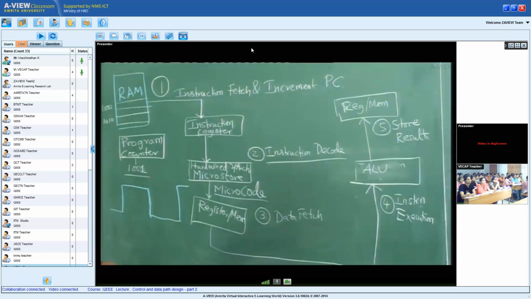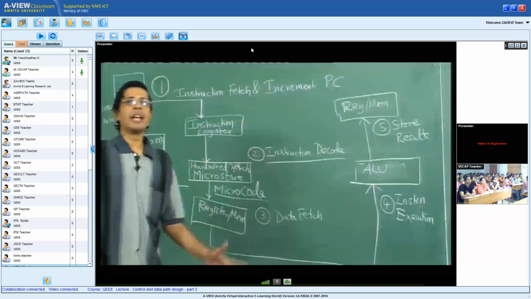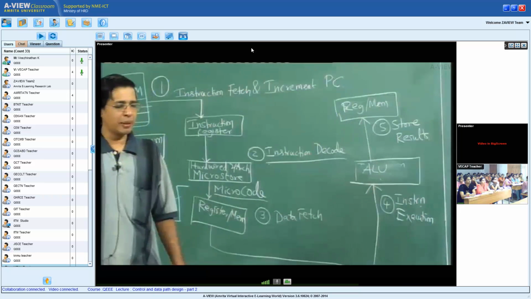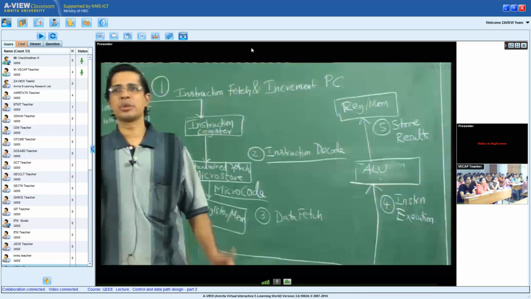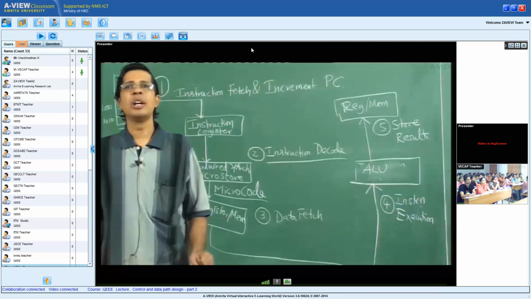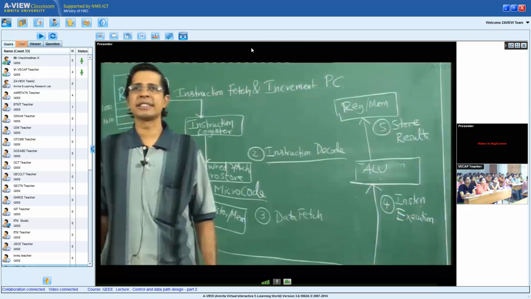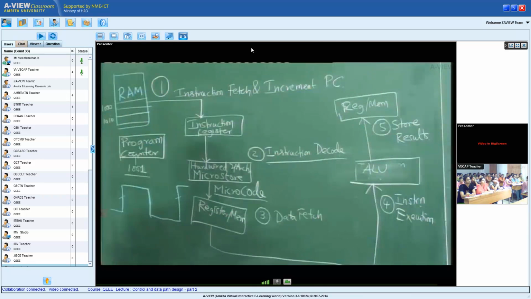The clock dictates the frequency of your system. Today you see normal paper advertisements, they say 3.6 gigahertz processor, 2.1 gigahertz processor. What is this 2.1 gigahertz? That is the frequency of this clock, right?